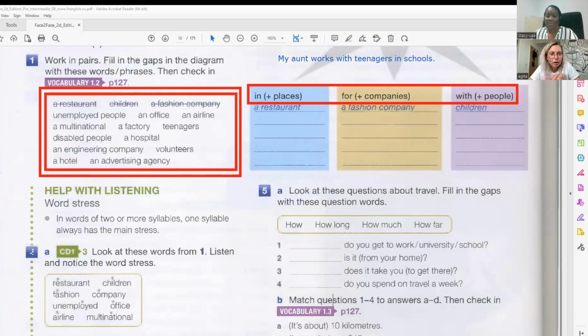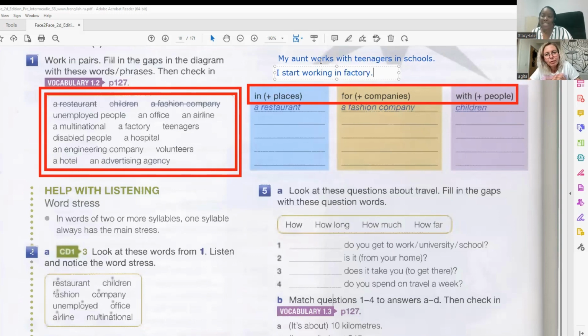I start working in factory. Okay, so 2 things. Remember, in the first part of this chapter, we learned about tense.